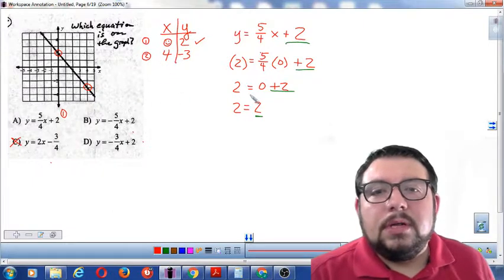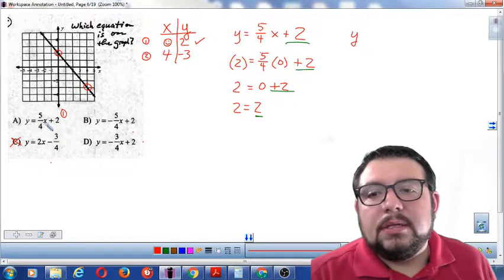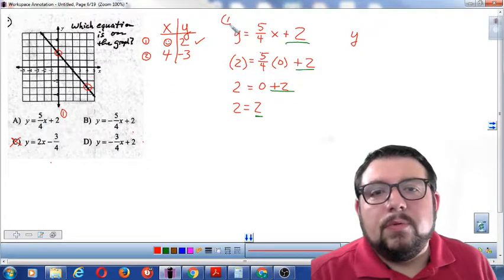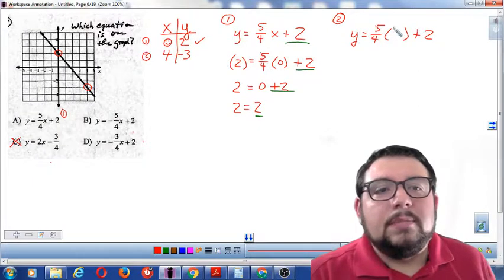All right, so we're going to put in here y equals, we're going to check the second point. So this was point number 1, and now we're going to check point number 2. So y equals 5/4, parentheses, plus 2. We should have put parentheses for that y.